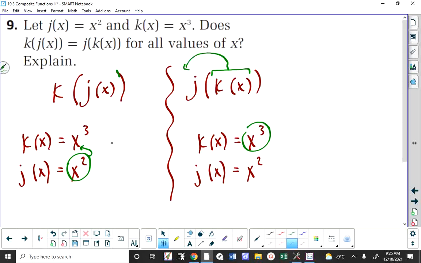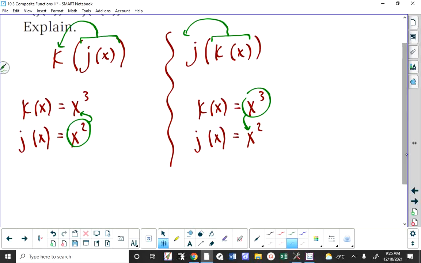Over here we were taking j of x and feeding it into k of x. So this x cubed is going to go in for x. Just in for the x, not in for the x squared. So what we're going to get on the left-hand side will be, well, k is the input cubed, and the input is j, which is x squared, so we get x squared cubed.